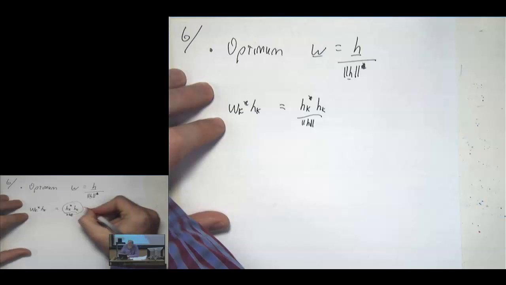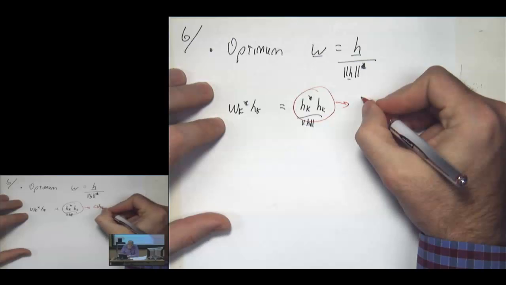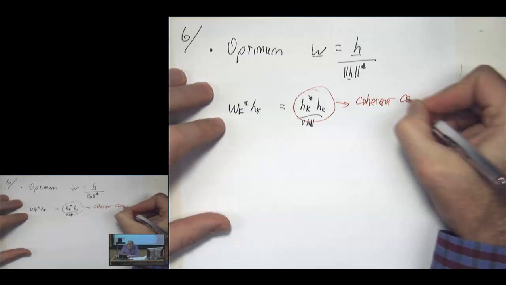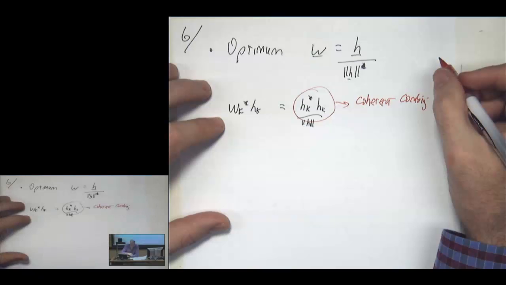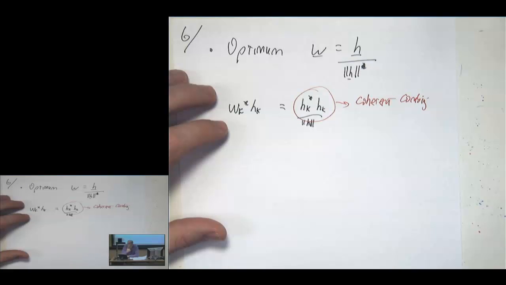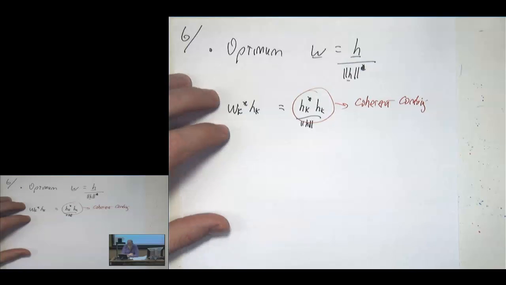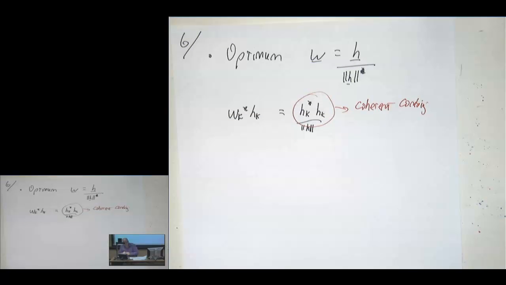It's right here. If you multiply a complex number by its conjugate, the output is always real and positive, unless, of course, it's 0. Okay, so that's the performance there.